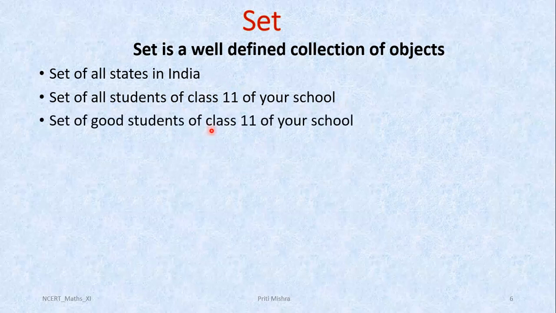Next one, if I am saying set of good students of class 11 of your school, is this a set? First of all, find out the difference between these two statements which I have given here. These two statements differ just with this word, which is good. Only this word is making a huge difference.